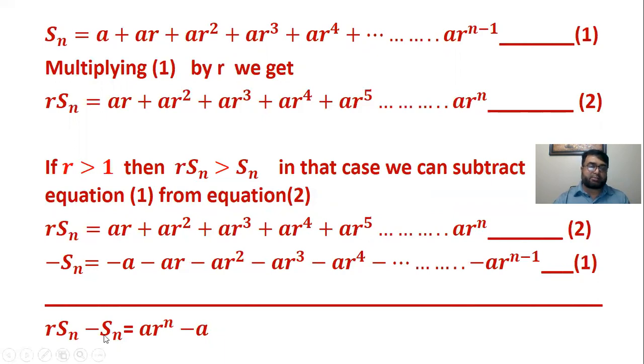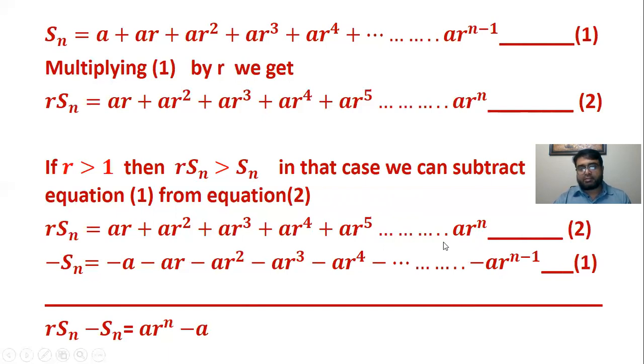As a result, rSn minus Sn: here ar is cancelled out, ar squared is cancelled out, ar cubed cancelled out, ar to the 4, ar to the 5 would be cancelled out. Similarly, ar to the power n minus 1 would be cancelled out by the term just before ar to the power n here. So ultimately what is remaining?